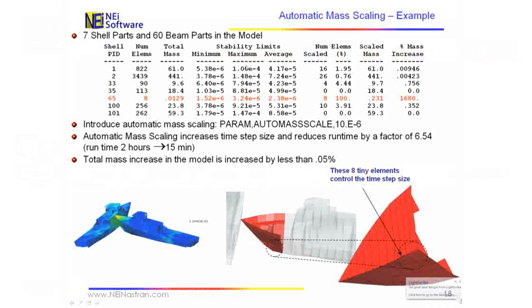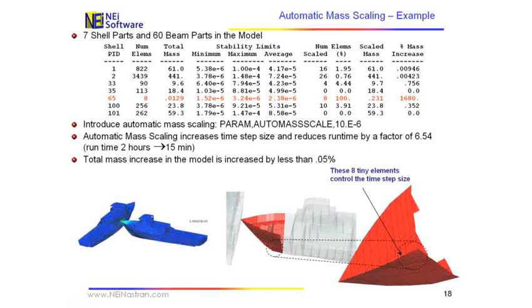If I have a mesh which prints out and tells me that I have parts that have huge disparities in the minimum, maximum, and average, like element block here, 100, that tells me that I probably have some really bad elements in the mesh. And I go back and I look at the quality of that particular part, and I try to decide if I can mesh it better. So that's the first thing I would do to start thinking about the quality of my results and whether I have a good model.